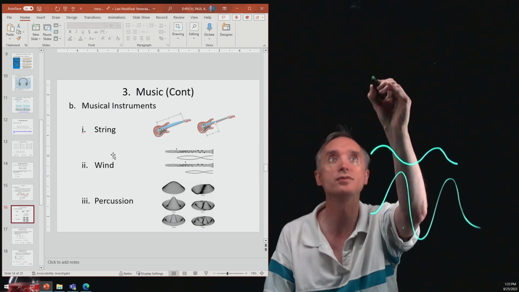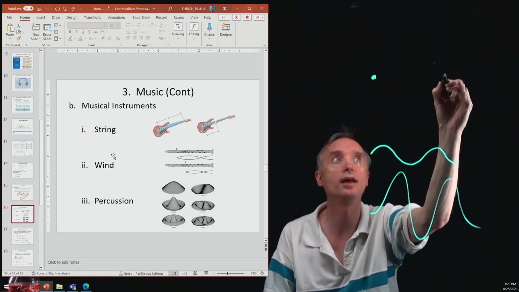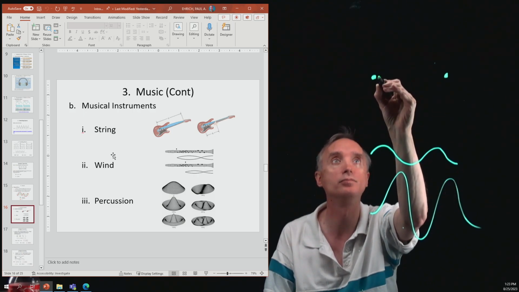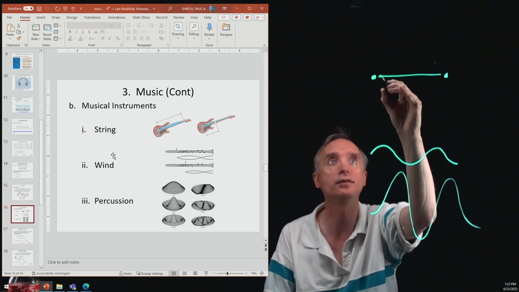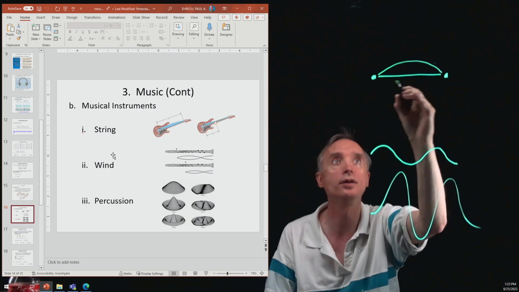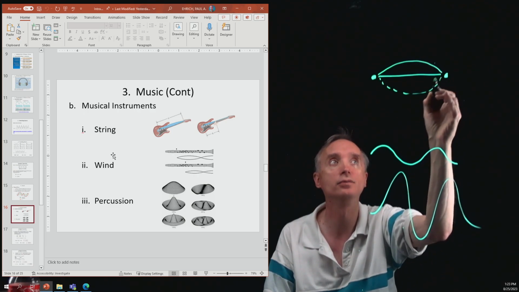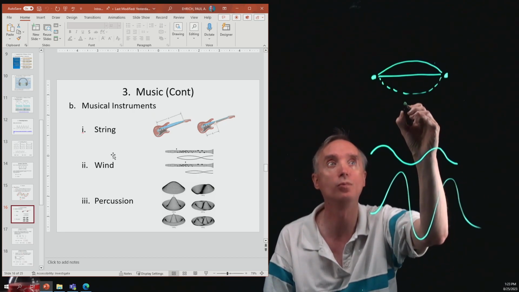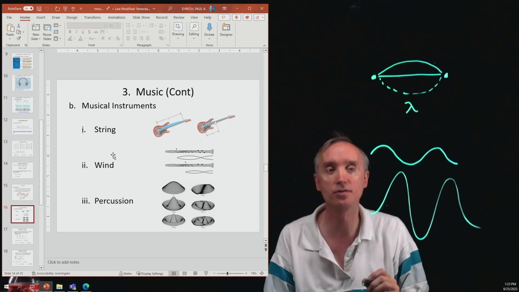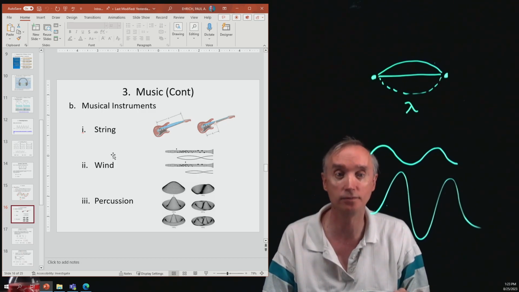This is where you're going to have a string, and it's going to be connected to 2 points, and you could pluck it so that it made one standing wave in there. That's going to correspond to a certain wavelength, and it's also going to correspond to a certain frequency.